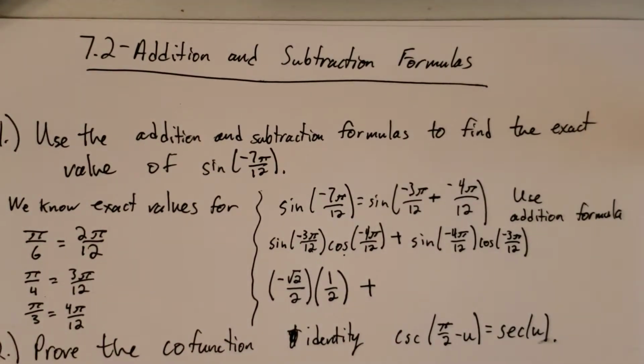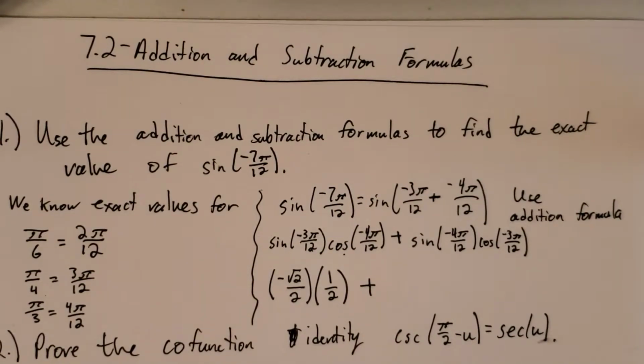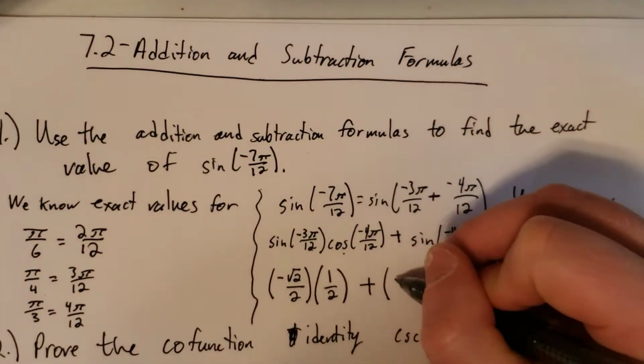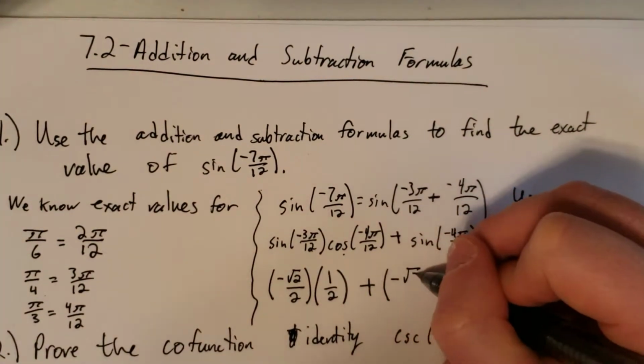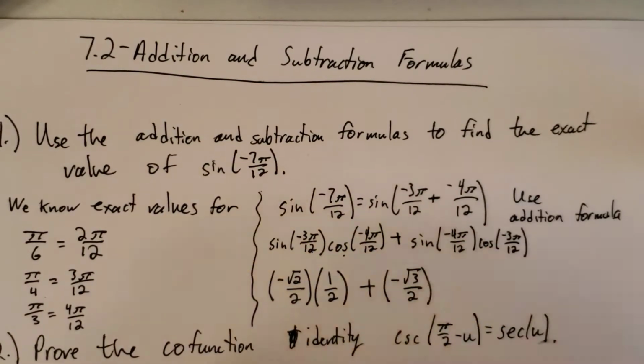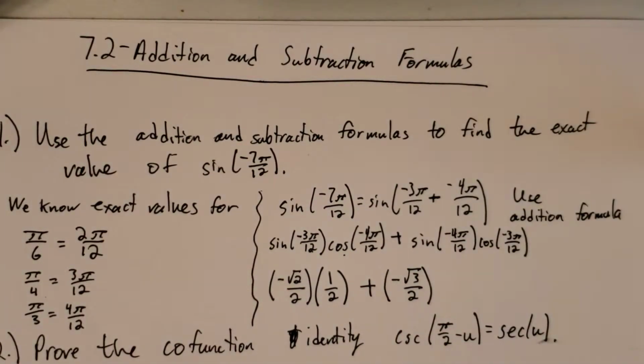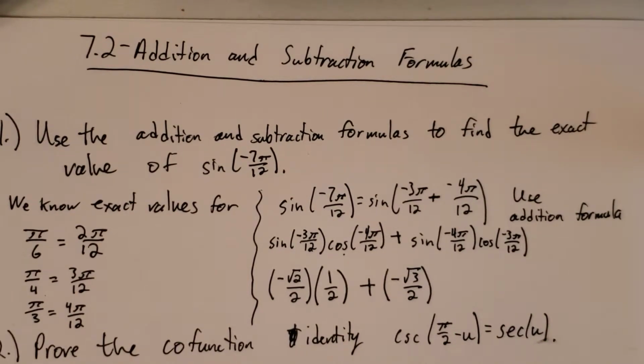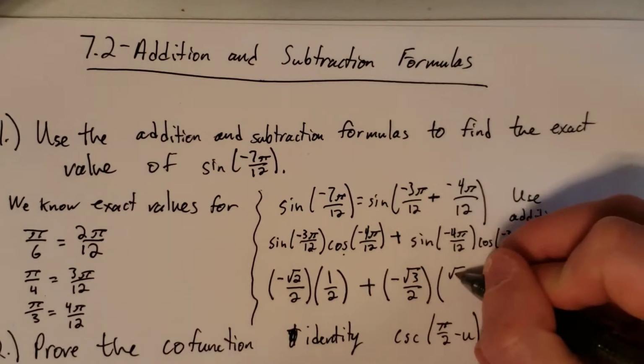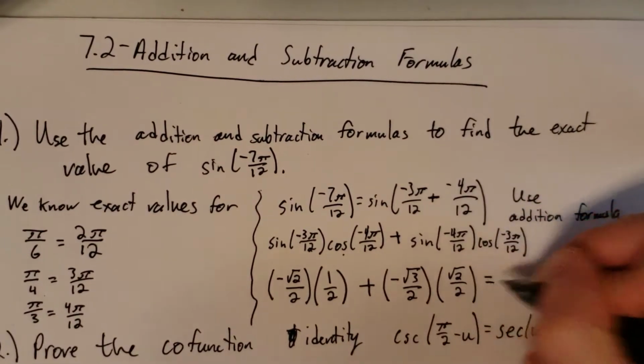Sine of negative 4 pi over 12 is the same as sine of negative pi over 3, which is in fact negative square root of 3 over 2. And then we get cosine of negative 3 pi over 12, which is the same as cosine of negative pi over 4. So that should be a positive root 2 over 2.